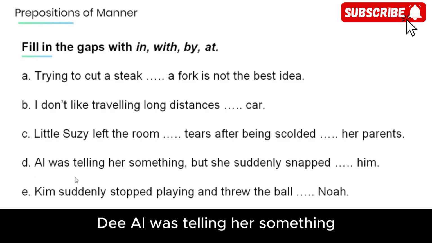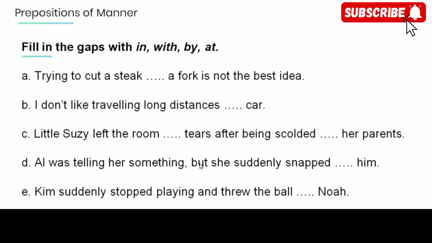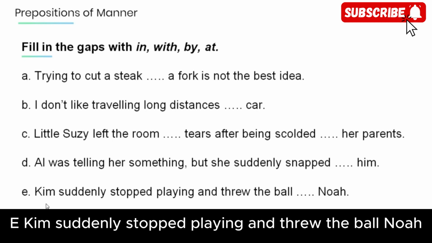D. Al was telling her something, but she suddenly snapped him. E. Kim suddenly stopped playing and threw the ball. Noah.